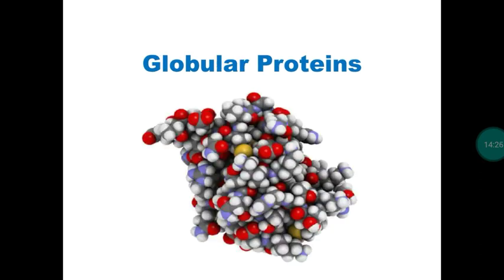The second type of protein is called a globular protein. This is a spherical shape of a protein. So the polypeptide chain will not be in the form of a linear one. The polypeptide chain will fold together to form a spherical shape. This is called a globular protein.